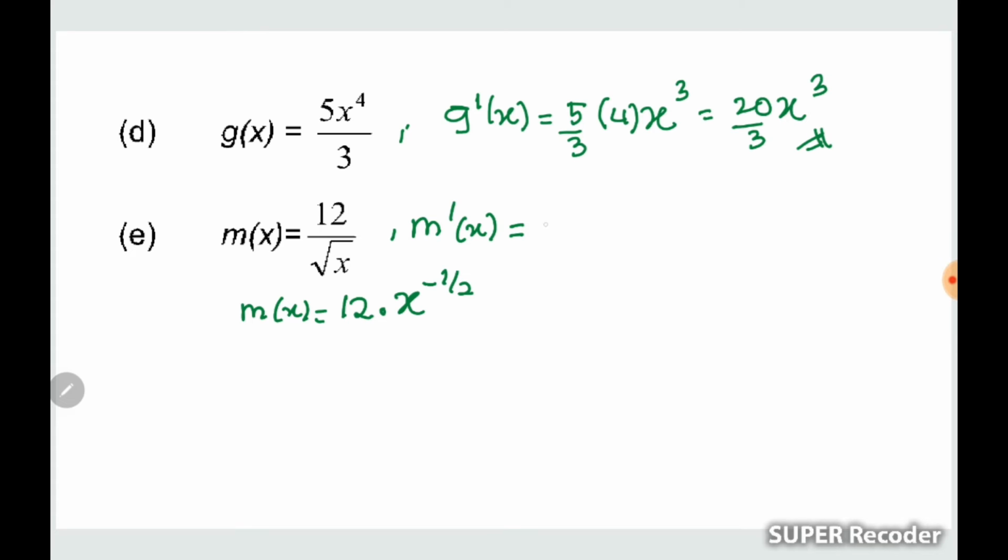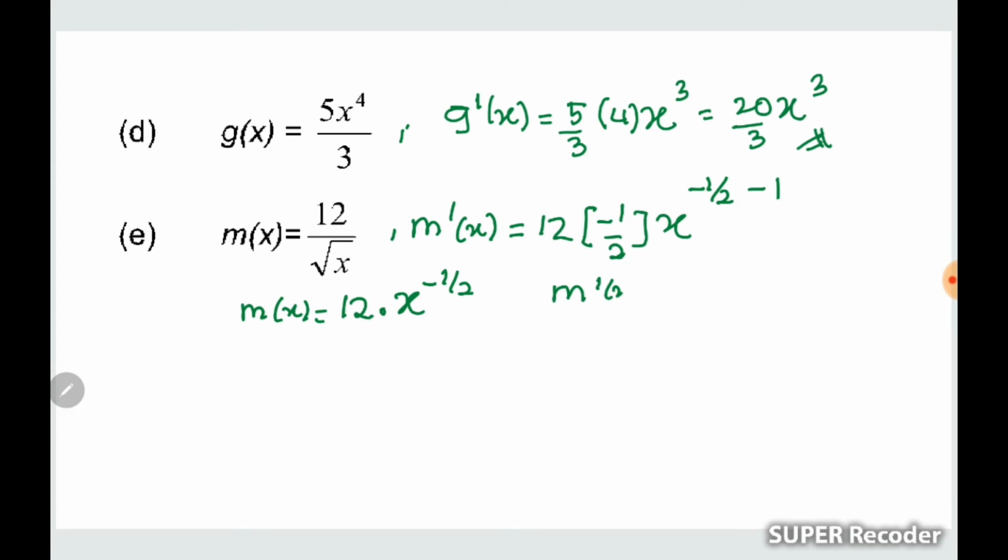Therefore m prime x equals 12 multiplied with, and you have to bring in front negative 1 over 2, multiplied with x to the power of negative 1 over 2, you have to minus 1.